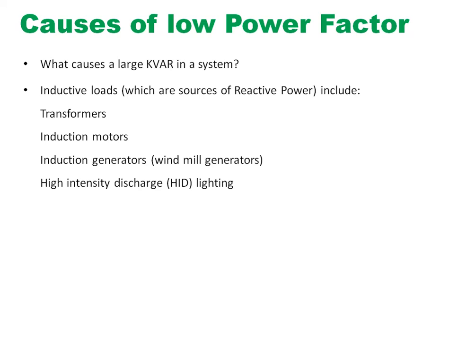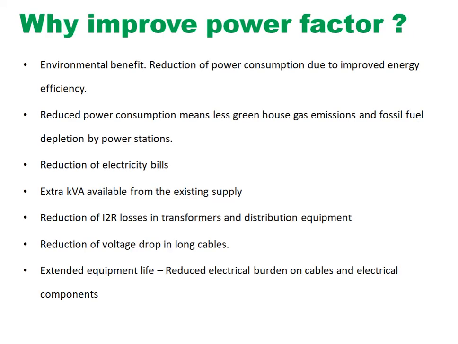We are going to see the various causes of low power factor and how we are going to improve it. As we discussed before, inductive loads are the main cause of low power factor, the displacement power factor issues. So inductive transformers, inductive motors, HID lightings, induction generators, those are the things. Why do we have to improve the power factor?